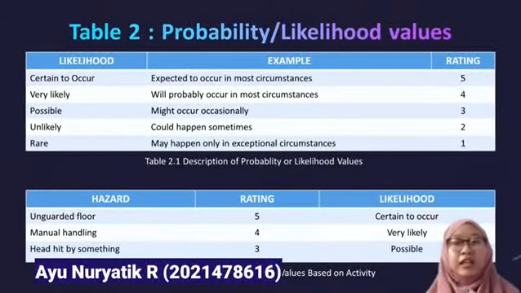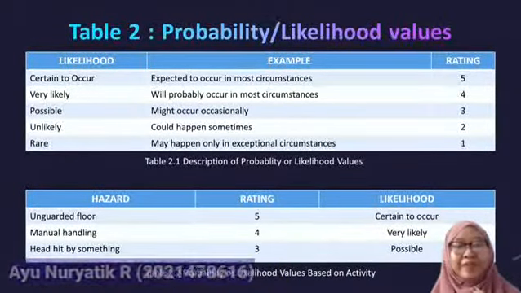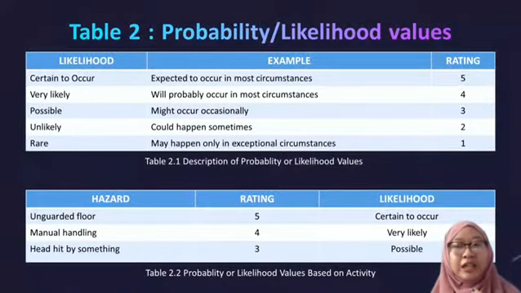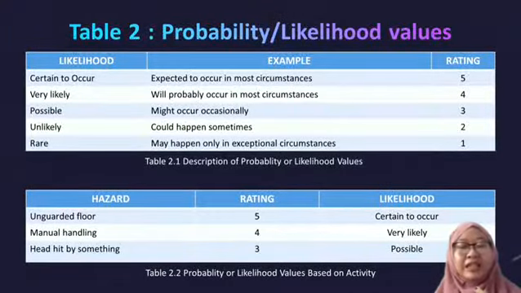Okay, next, table 2, probability or likelihood values. Let's take a look at table 2.1. There are 5 ratings. The highest value is certain to occur, and the lowest value is rare. Next, let's take a look at table 2.2.